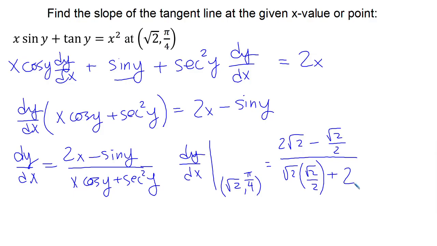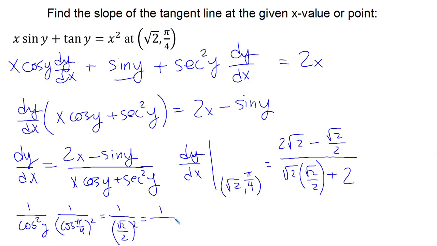And you should be able to find the secant of y. If you're not sure about that, remember that's 1 over cosine squared y. Right, so that's just 1 over the cosine of pi over 4 squared. Well, the cosine of pi over 4 is root 2 over 2. So 1 over root 2 over 2 squared, which is 1 over 2/4.